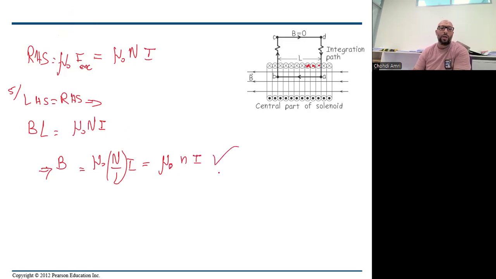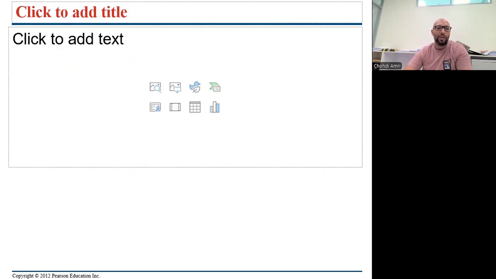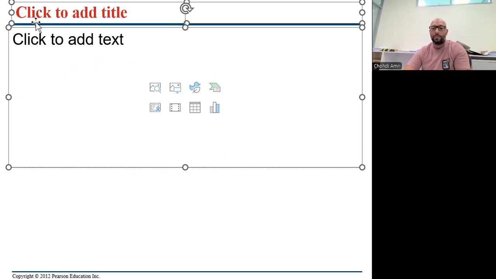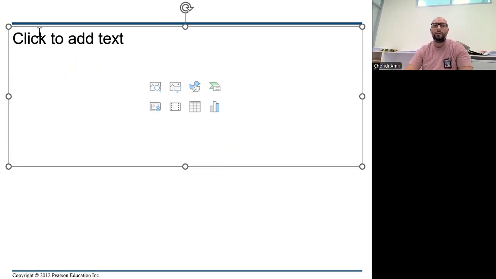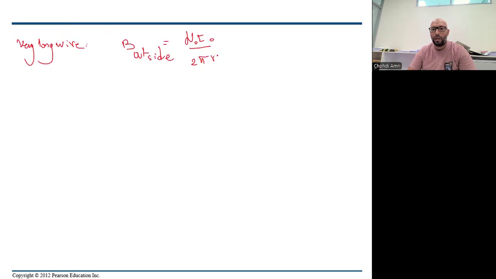That's all. We are done with the magnetic field produced by the solenoid. Before moving to the magnetic flux, let's make a short summary about these 3 cases. If we are talking about a very long wire, B outside the wire will be mu naught I naught over 2 pi r.